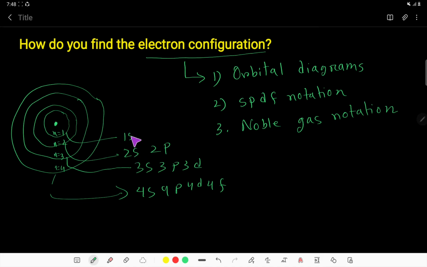In the presence of a magnetic field, the subshell is divided.